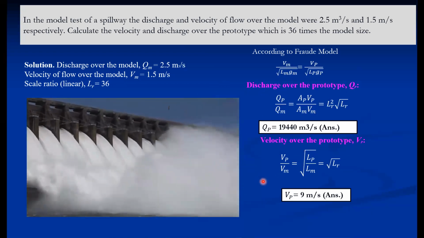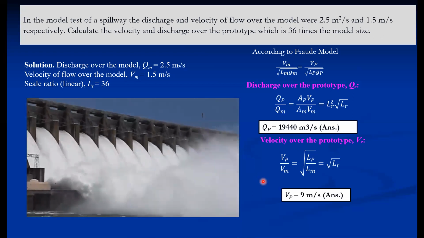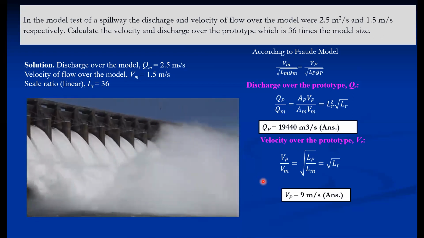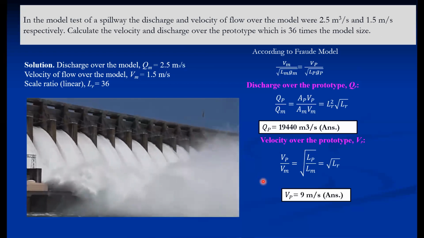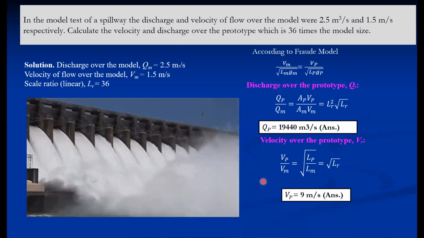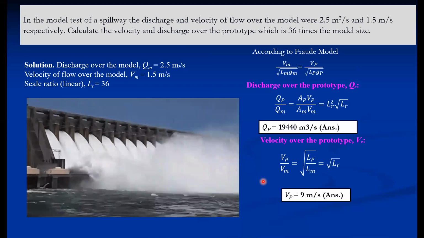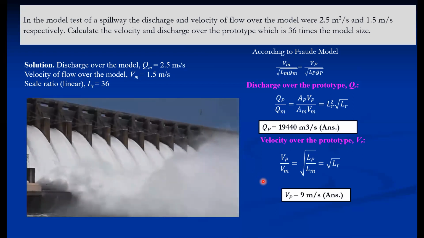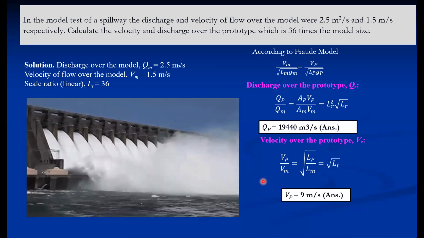Such types of numericals can be asked, so we have to use this model law judiciously. How to utilize this model law, and which form of the model law is to be used, is the crux of solving the problem.